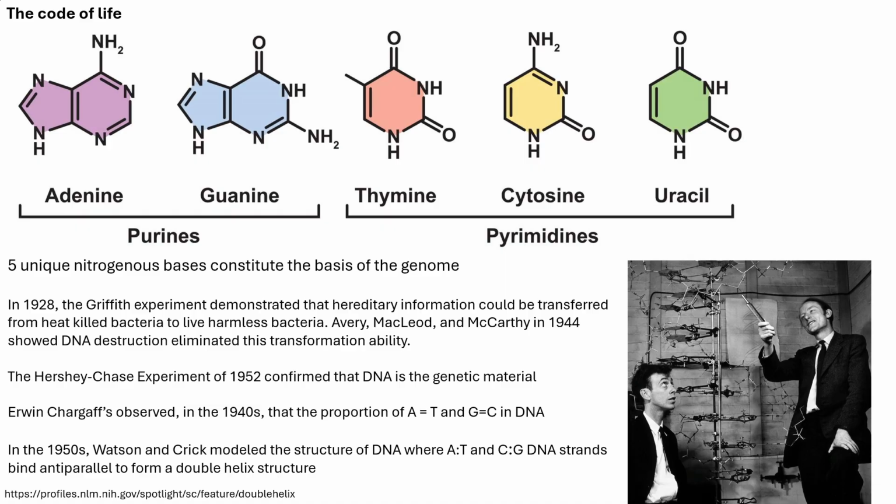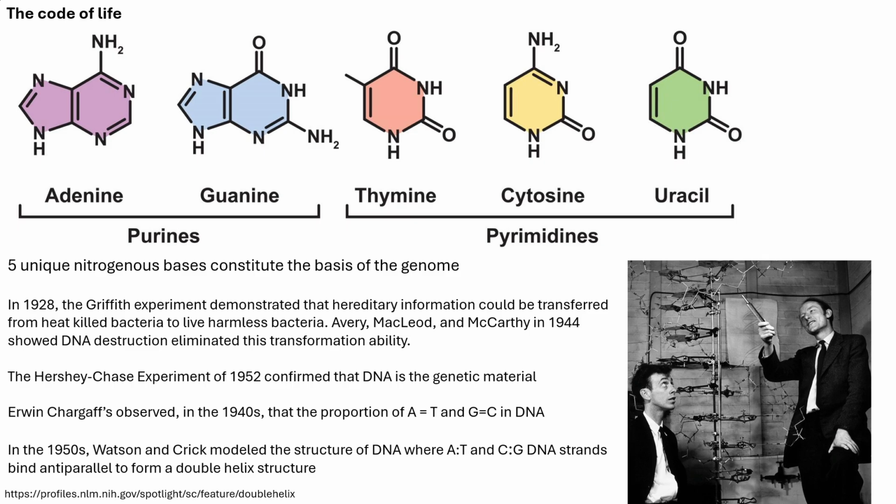for cells to function. So in 1928, there was an experiment by Griffith which demonstrated that some sort of hereditary information could be transferred from heat-killed bacteria to live harmless bacteria.